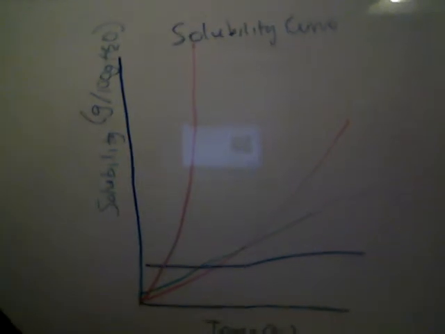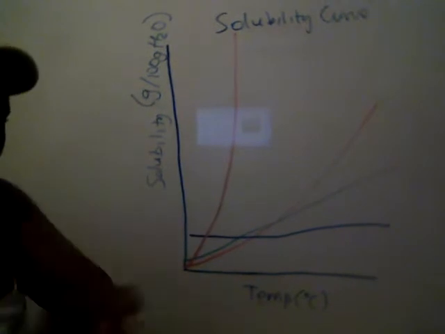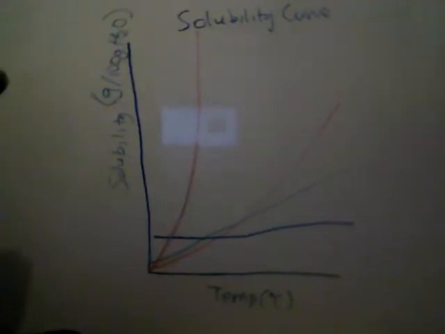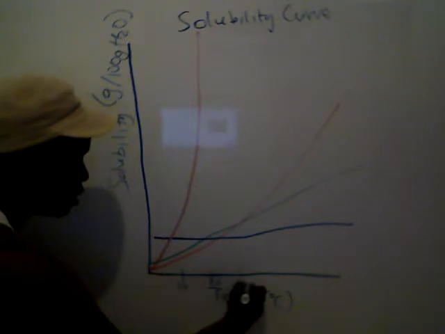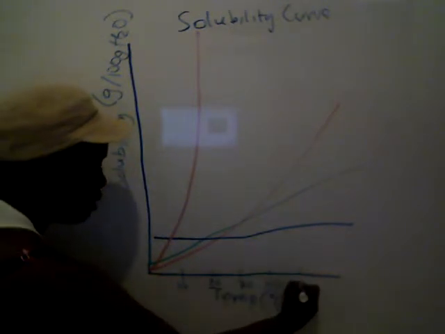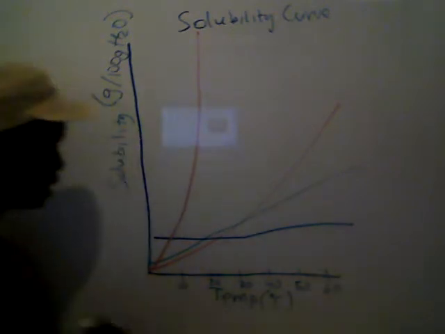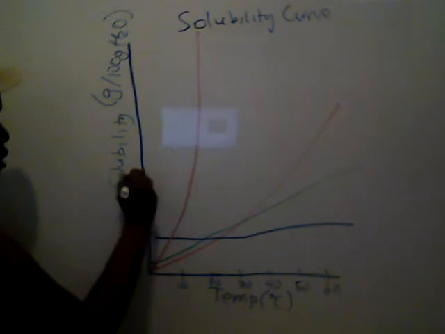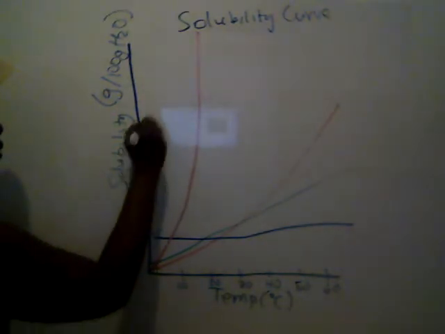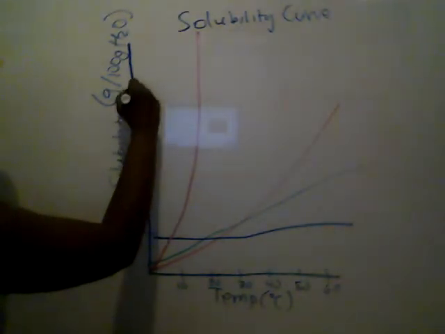So let's say we have a temperature of, if I mark this, let's say this is 10, 20, 30, 40, 50, 60. And let's say across here, this is the same: 10, 20, 30, 40, 50, 60.